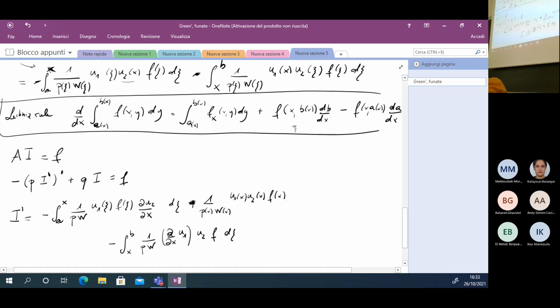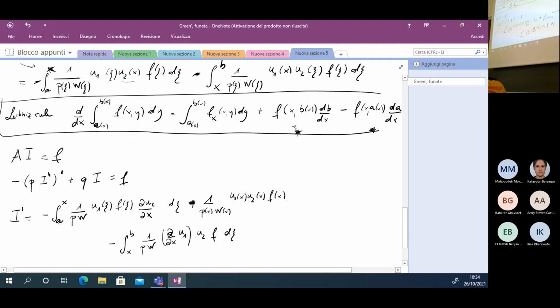Then I have to calculate, using the Leibniz rule, this part here. But in this case the upper extreme of the integral is b, which is constant and does not depend on x, so this part is 0. The only part that I have is this.